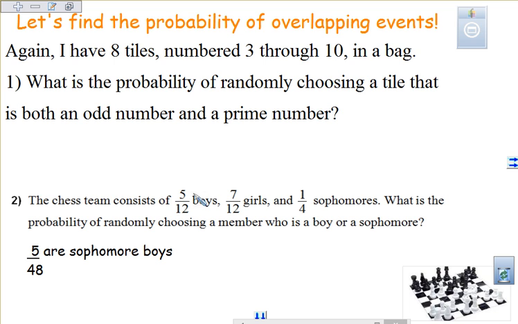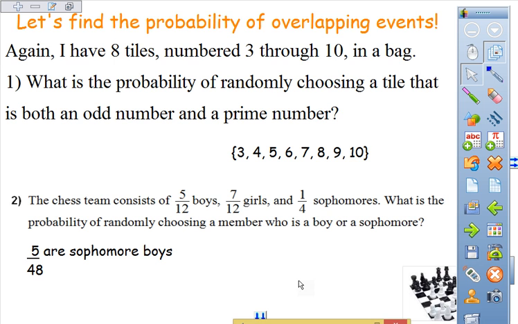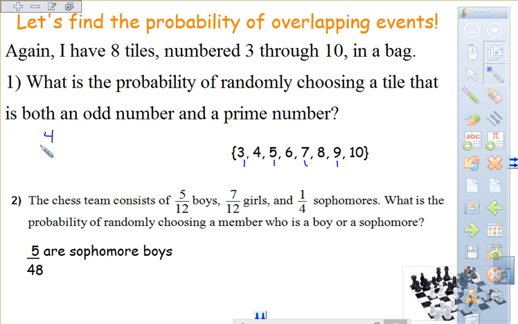So let's find the probability of some overlapping events. Again, I have 8 tiles numbered 3 through 10 in a bag. What is the probability of randomly choosing a tile that is both an odd number and a prime number? So the probability of being an odd would be 1, 2, 3, 4 out of 8. The probability of being prime would be 1, 2, 3 out of 8.